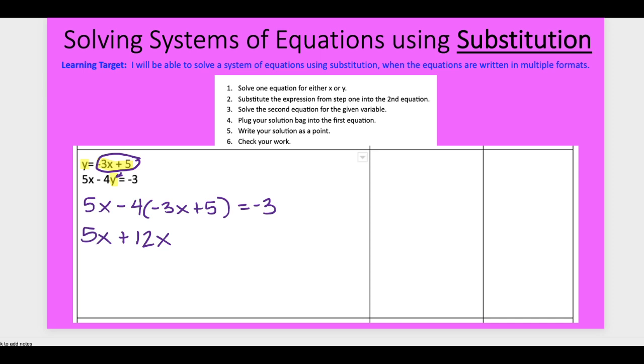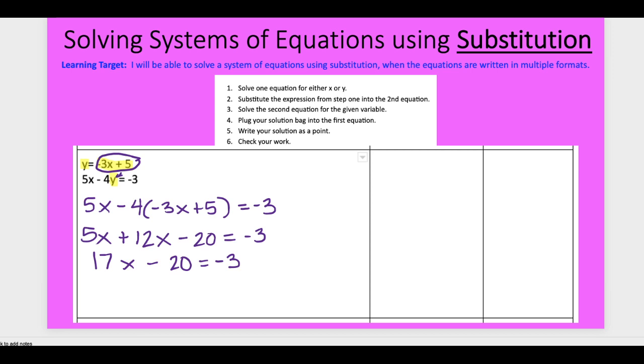Then negative 4 times positive 5 is negative 20, equals negative 3. That was my first step, the distributive property. Now I can combine my like terms, 5x and 12x. That's 17x minus 20 equals negative 3.